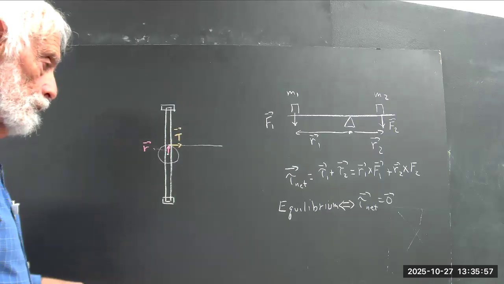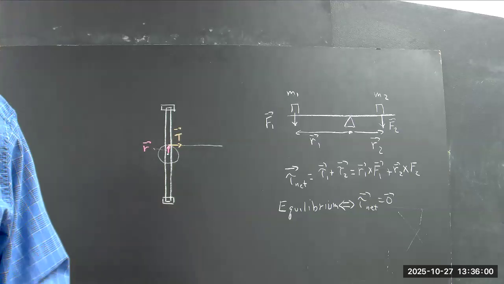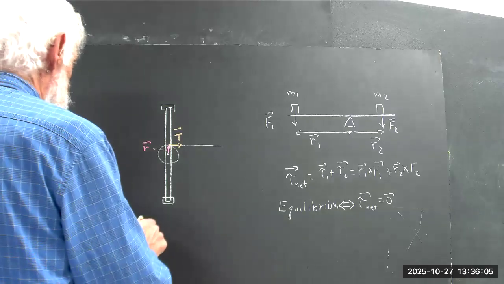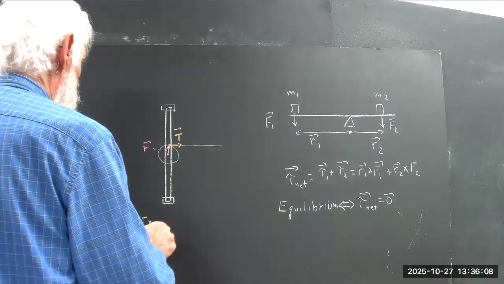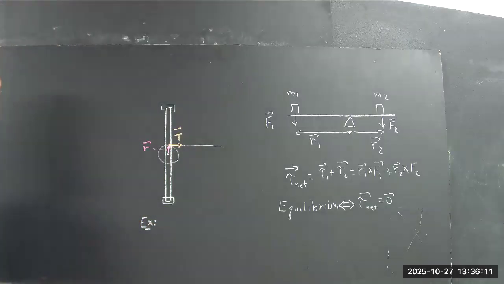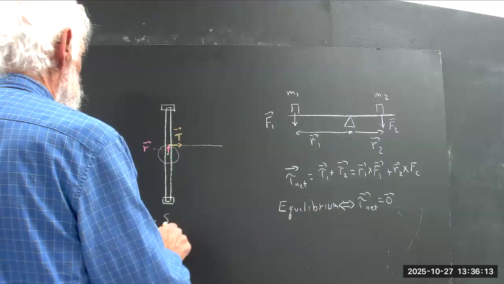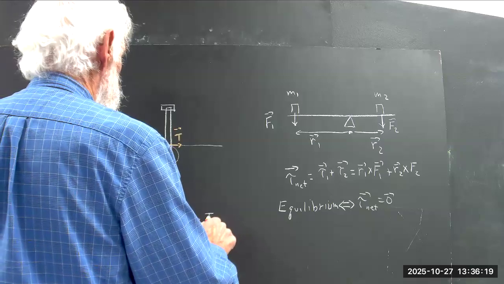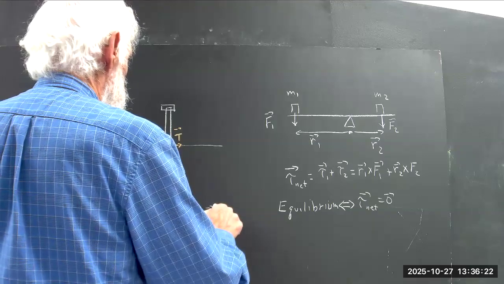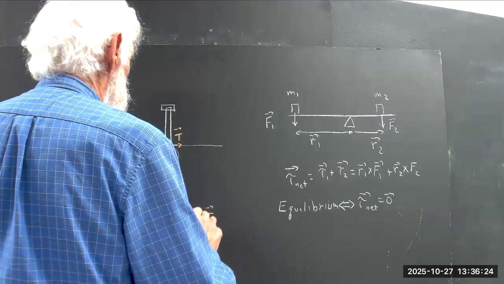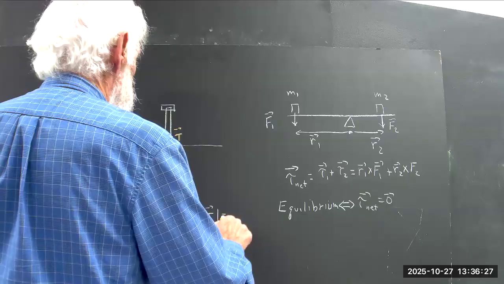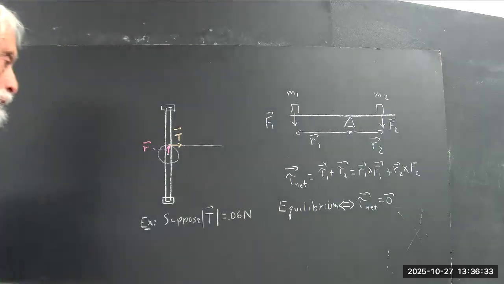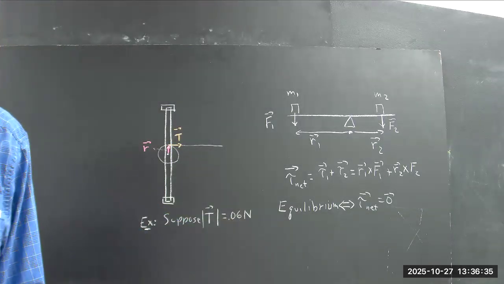Now what we have there is maybe 6 grams of mass at the end of the thing. So in my example, the tension would be approximately 0.06 newtons.